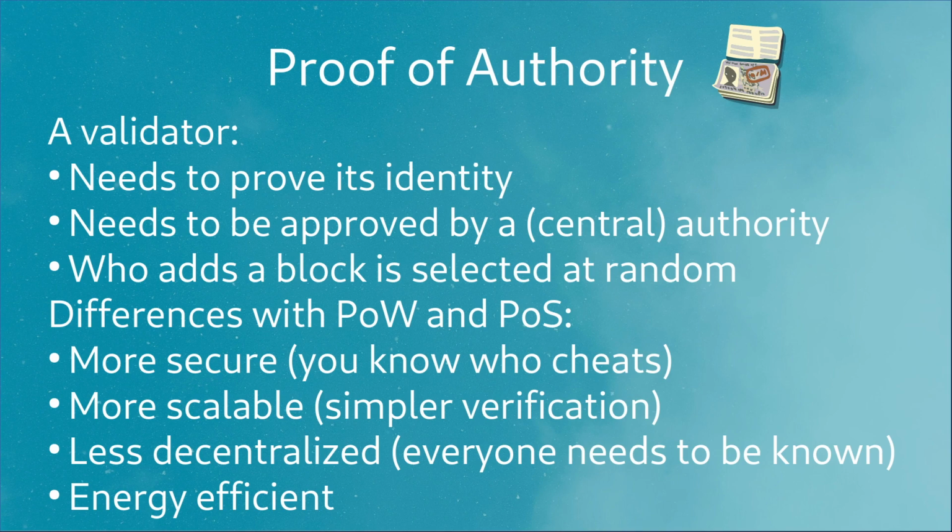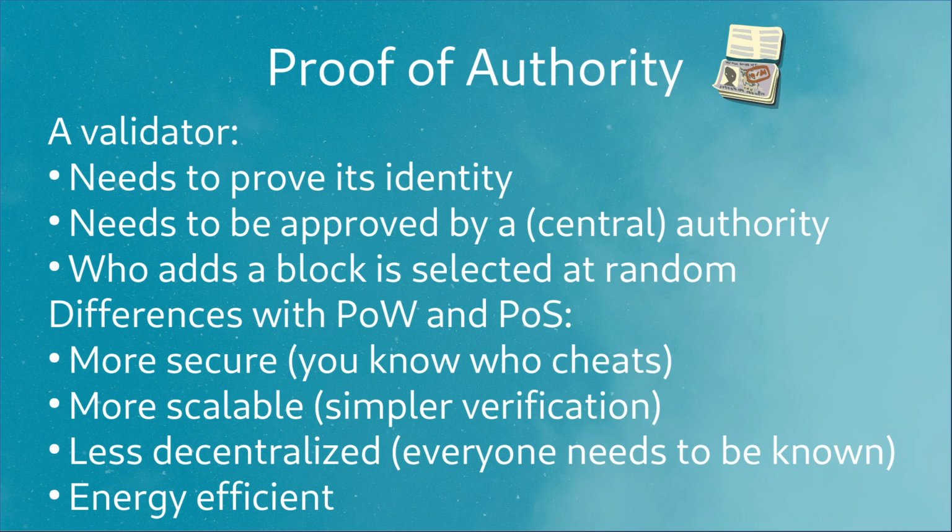Differences with proof of work and proof of stake are that proof of authority is considered to be a more secure consensus mechanism. This is because in proof of work or in proof of stake, you can be anonymous. In proof of work, you just have to buy enough compute power, and in proof of stake, you have to buy enough cryptocurrency to become a validator.